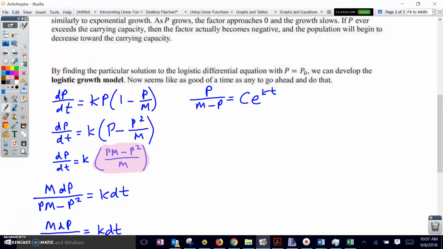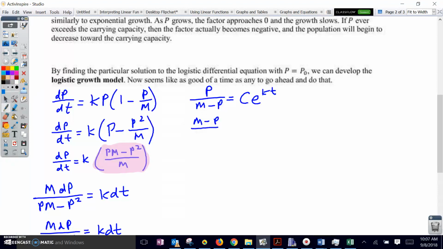And now all I need to do is solve this for P, which sounds pretty easy, but gets a little ugly. The first thing I'm going to do in order to solve for P is take the reciprocal of both sides.